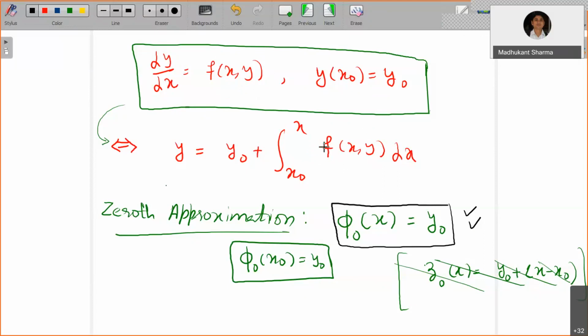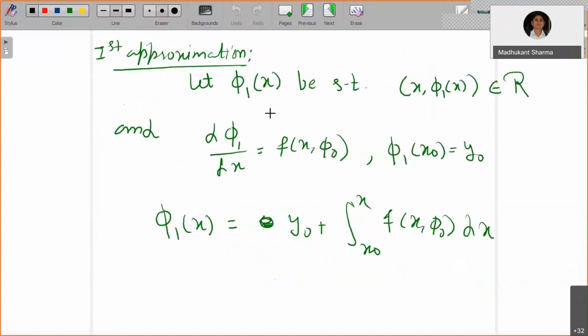So what we have done is, the zeroth approximation is given by this constant function. Then the first approximation, which we have denoted by phi1 of x, is a curve drawn in such a fashion that the pairs x comma phi1 of x lie inside the rectangle R only. We are looking in the region, rectangle R, where how large it will be can be decided later.